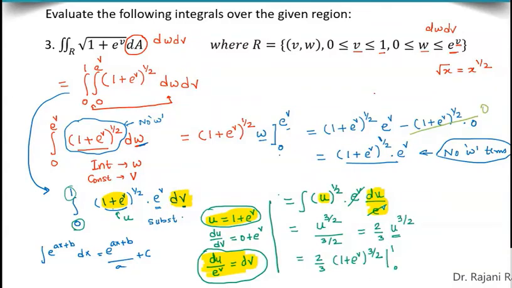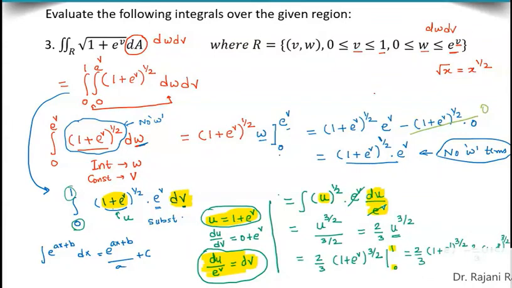Now what we are going to do, we have to replace the value 1 and 0 for v in place of v only. Okay, so when we replace it, it will give you 2 over 3, 1 plus e power 1, to the power 3 by 2, minus 2 by 3, 1 plus e power 0 to the power 3 by 2.